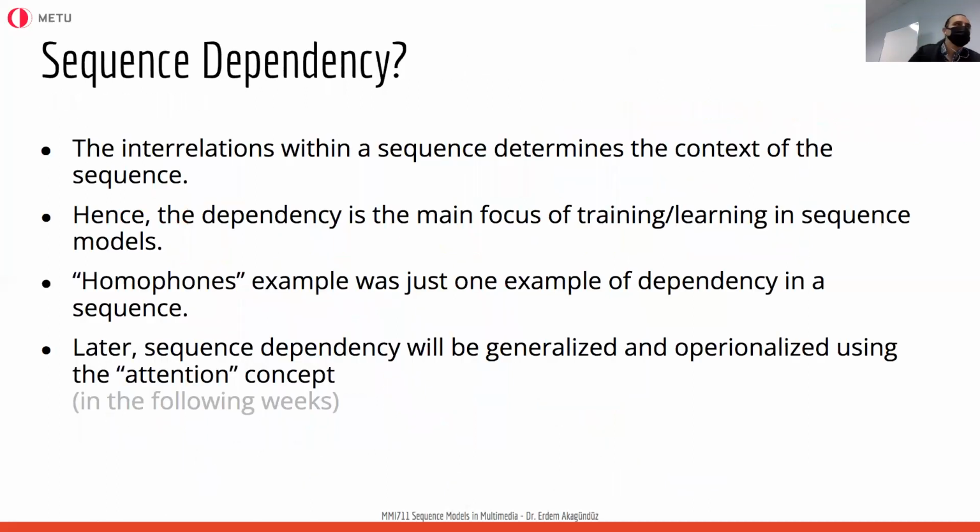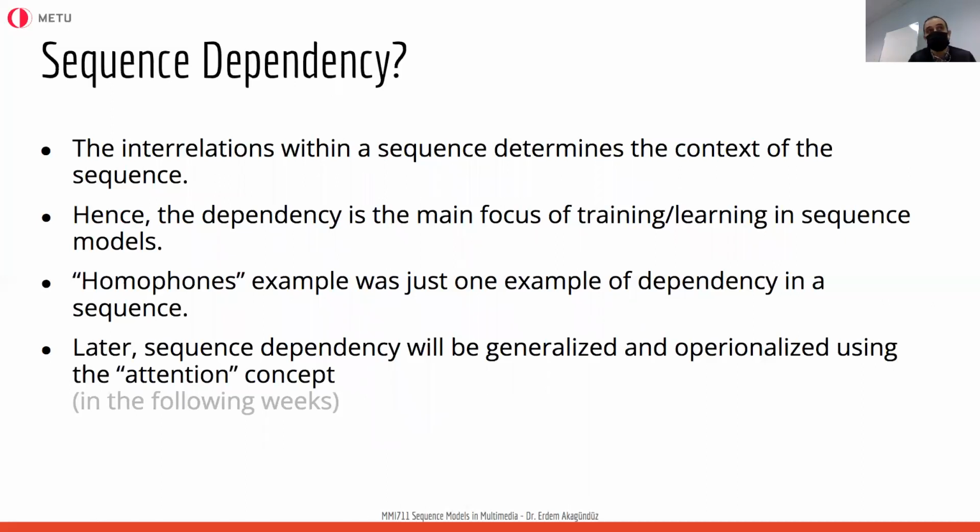Sequence dependency: the interrelations within a sequence determine the context of the sequence. Basic definition. Anybody would understand this because it's the only thing that makes sense about sequences. Hence, dependency is the main focus of training and learning in sequence models. That's what we are trying to learn. That's the difference of a sequence model compared to an FFN, a feed-forward model, because they cannot learn sequences, because they cannot learn dependencies.